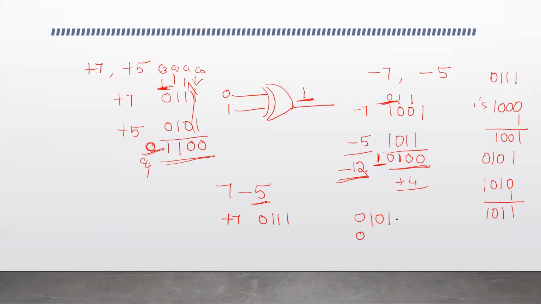The 2's complement of 5 is 1, 0, 1, 1. As it is subtraction, we perform the 2's complement of the subtrahend. That is the procedure.